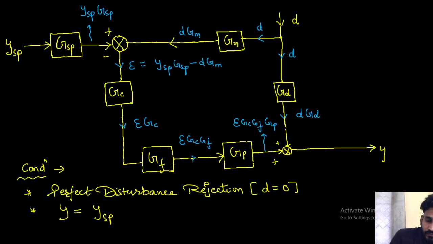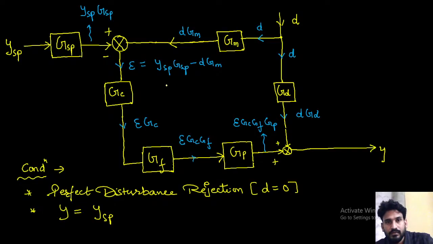Okay. One variation: we will also discuss what if in this comparator there is plus plus, that is a positive feedback kind of comparator, plus plus instead of plus minus. In that case, what is the impact on the transfer functions?